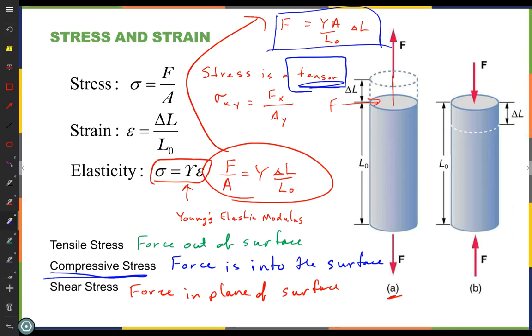It was called Hooke's law. I didn't use the words Hooke's law in the lecture, but it's the equation that defines how springs respond, because a spring is elastic. You stretch it, it comes back, unless you stretch it too far. If you go past the elastic limit, then you have plastic deformation and it's permanently deformed.